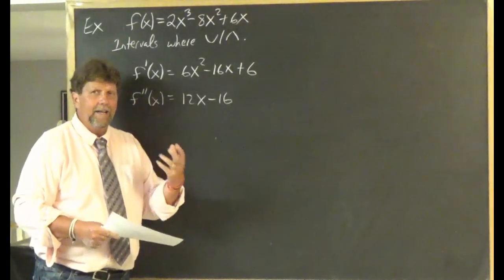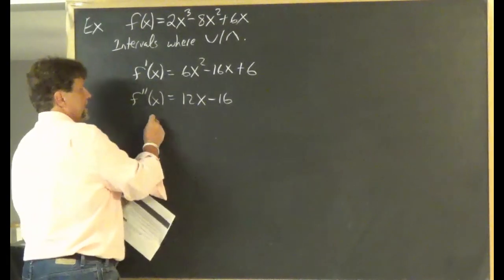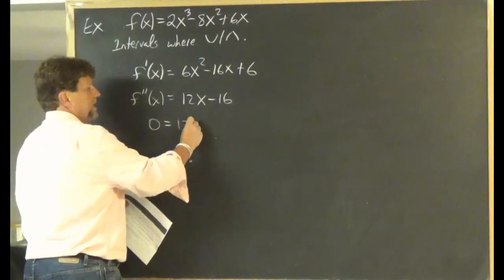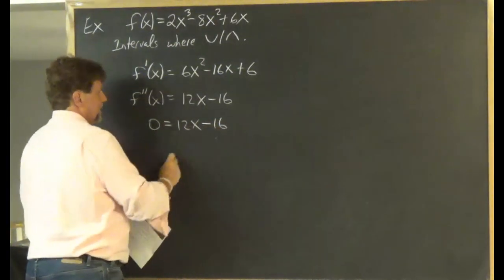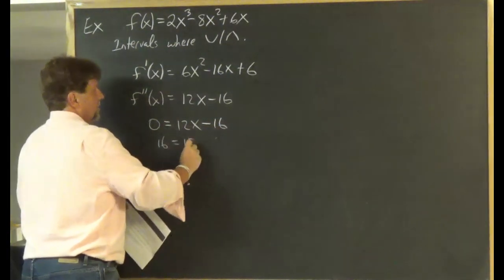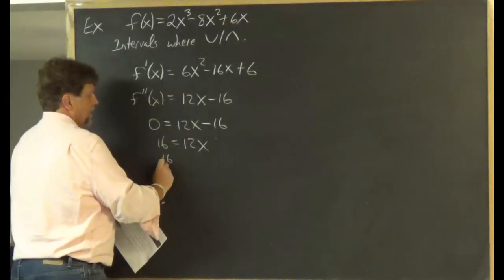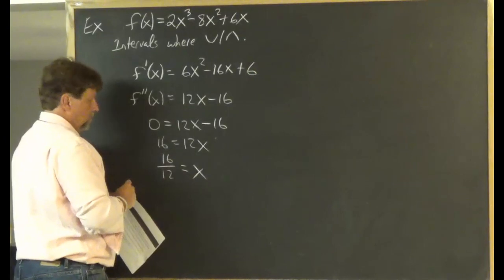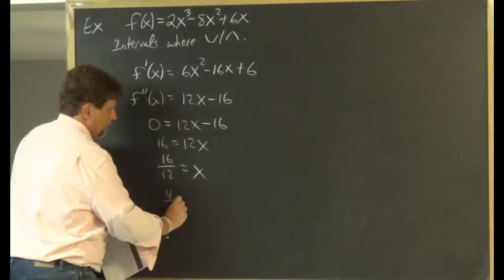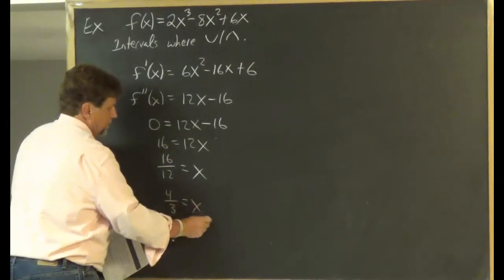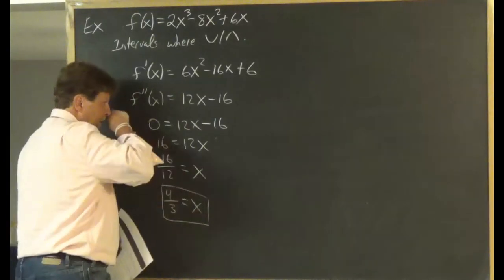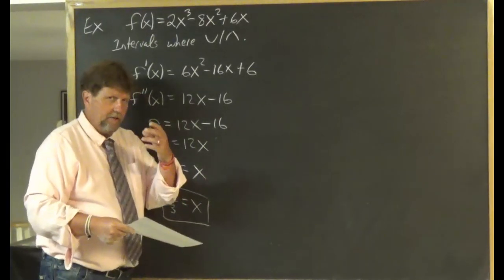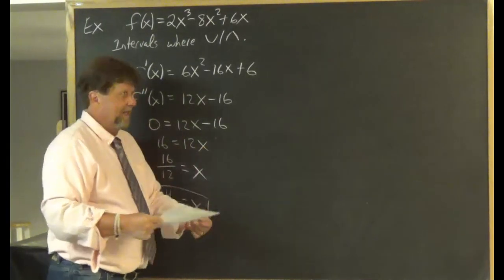So the only candidates will be where the second derivative is equal to 0. We set the second derivative equal to 0 and solve for x, and we get 16 over 12, which I'm going to reduce to 4/3. And just like we did in section 5.1, we make a sign diagram.